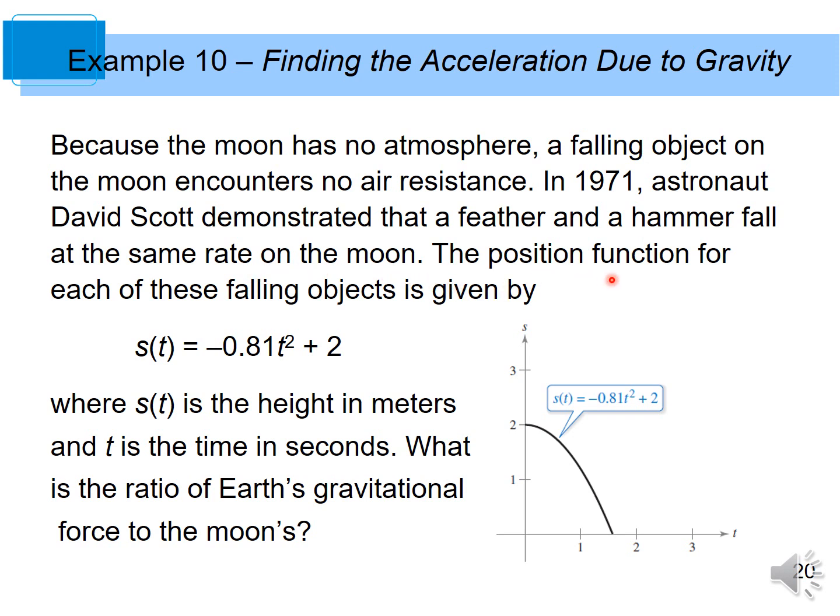The position function for each of the falling objects is given by this function, where s(t) is the height in meters and t is the time in seconds. What is the ratio of the Earth's gravitational force to the moon's?